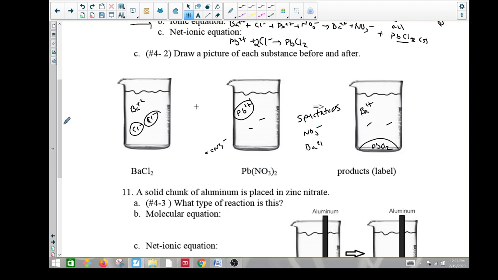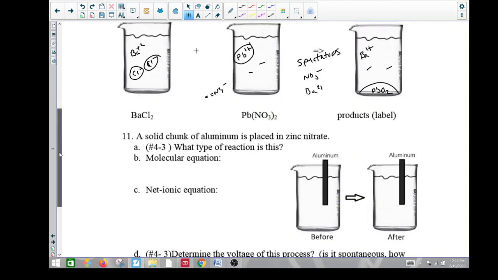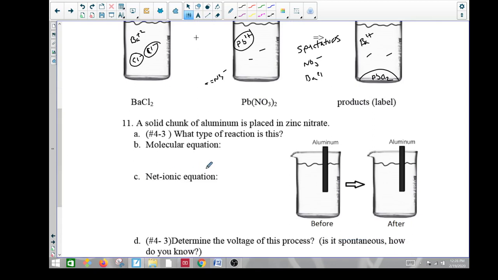Okay, now let's look at the drawing for a redox reaction. Alright, so what type of reaction is this? We got a solid chunk of aluminum placed in zinc nitrate, so my molecular equation is just going to be aluminum plus Zn(NO3)2. And again, this is looking like a redox.